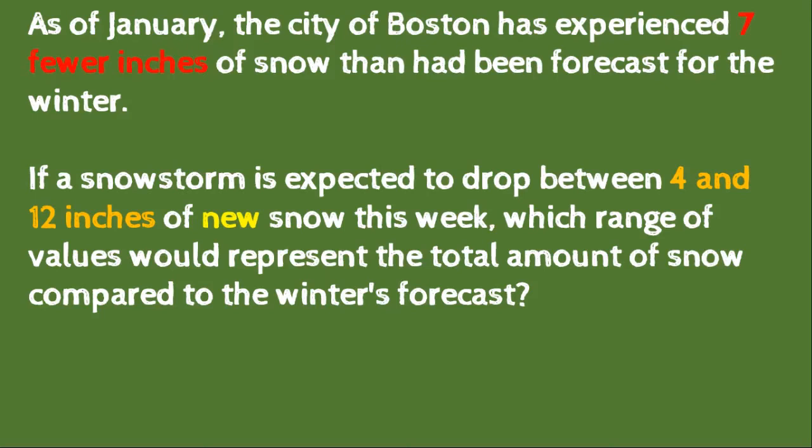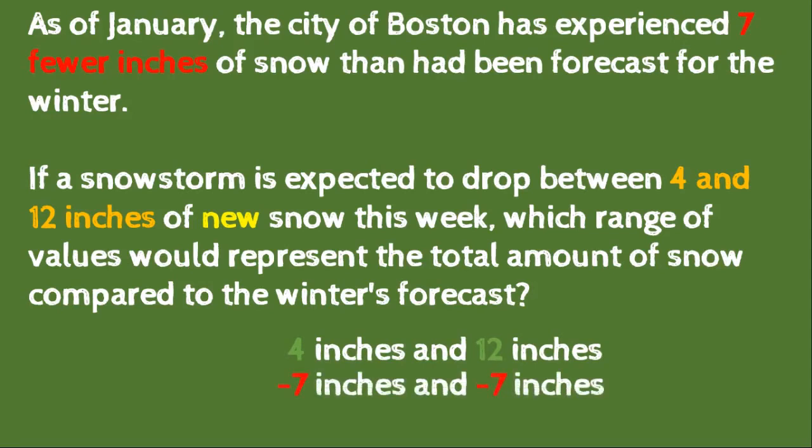If we know the forecast was 4 inches and 12 inches, the reality was experience of 7 fewer inches, which are -7 inches to the forecast. We can easily conclude that 4 minus 7 equals -3 inches, and 12 minus 7 inches is 5 inches.